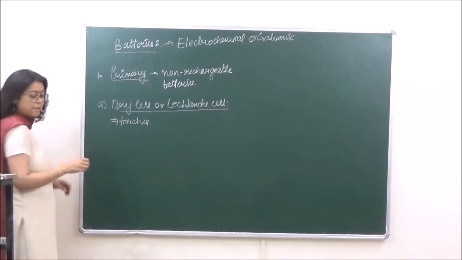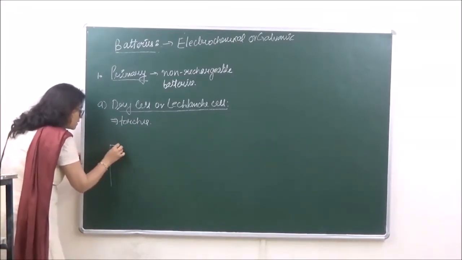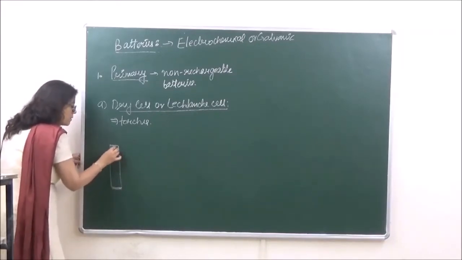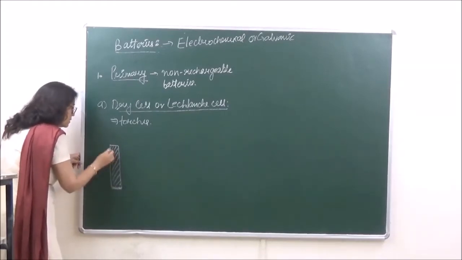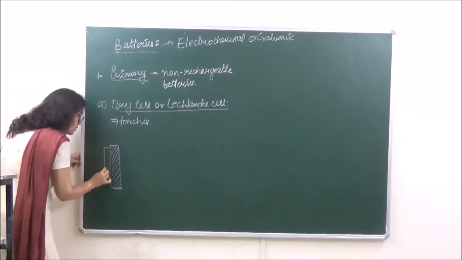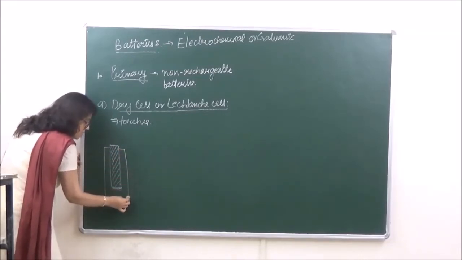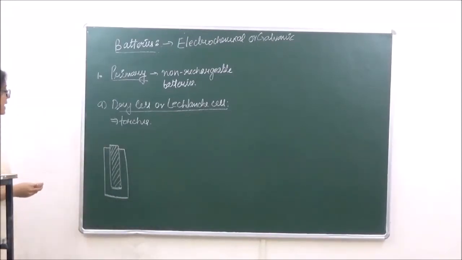If we see this cell, it consists of a carbon rod which behaves as a cathode, surrounded by a paste of manganese dioxide and carbon.